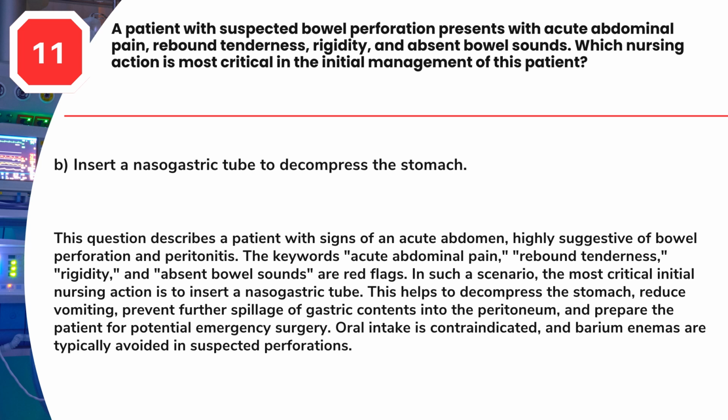In such a scenario, the most critical initial nursing action is to insert a nasogastric tube. This helps to decompress the stomach, reduce vomiting, prevent further spillage of gastric contents into the peritoneum, and prepare the patient for potential emergency surgery. Oral intake is contraindicated, and barium enemas are typically avoided in suspected perforations.